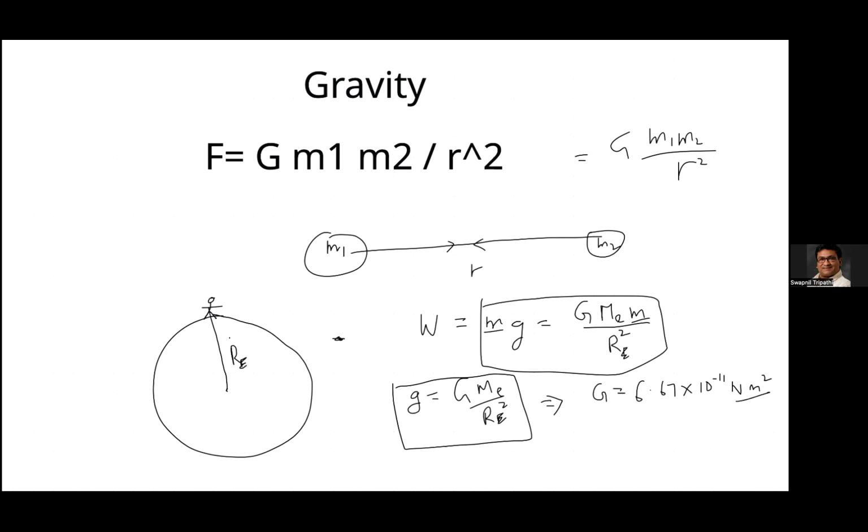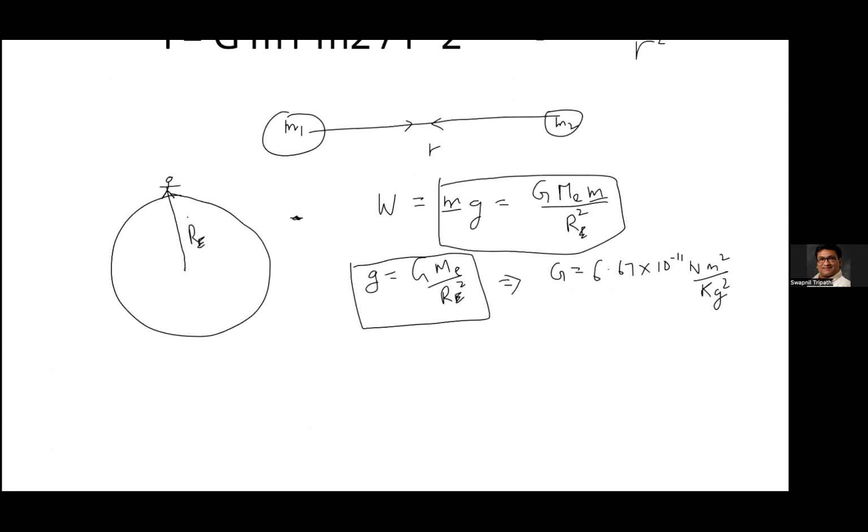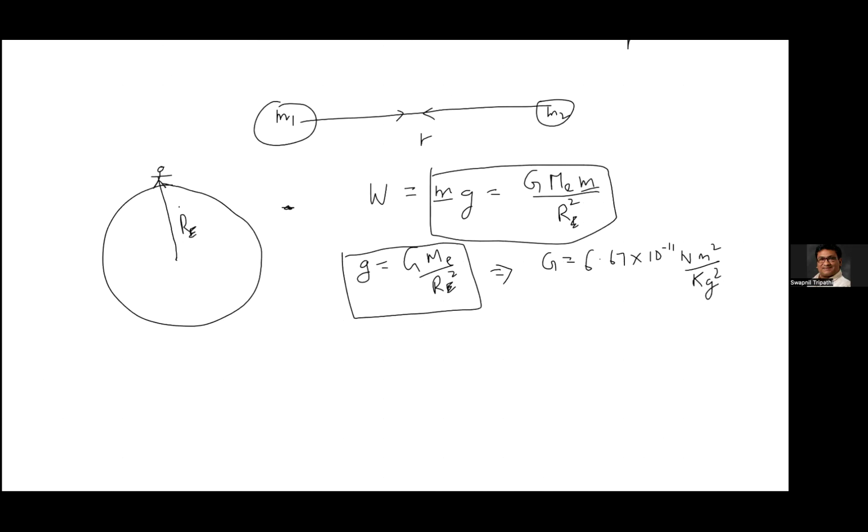Since this number is so small, that is the reason that normally we don't see gravitational attraction between everyday objects. Only if at least one of the objects is really, really massive, such as a moon or a planet or a star, only then the force of attraction becomes significant.